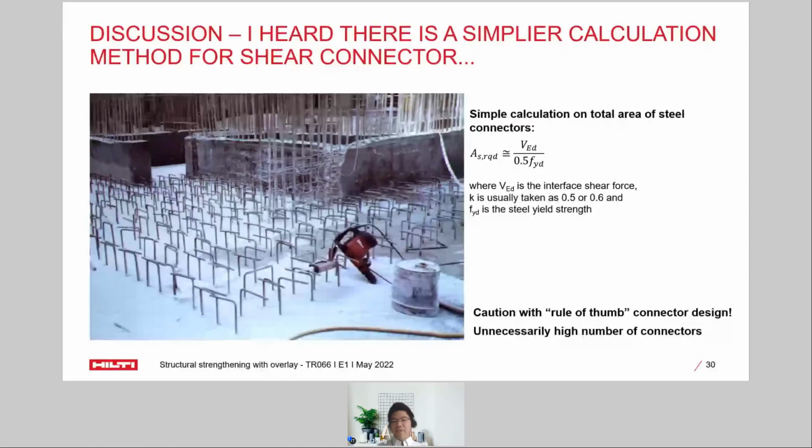It is a very conservative design approach. A realistic design concept like the one we presented here can, for example, save up to 60% of the connectors. So it is important to realize TR66 is there, so you can use it for those calculations instead of using rules of thumb and doing a lot of over-engineered design.